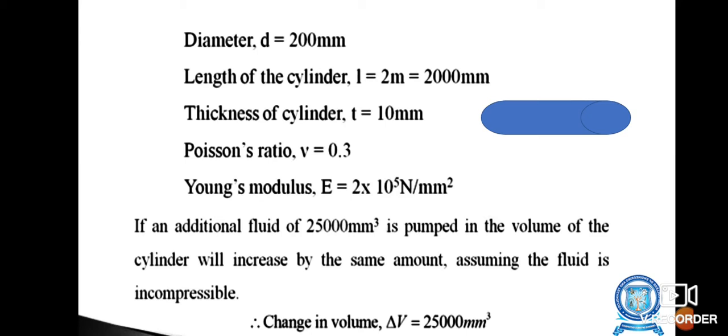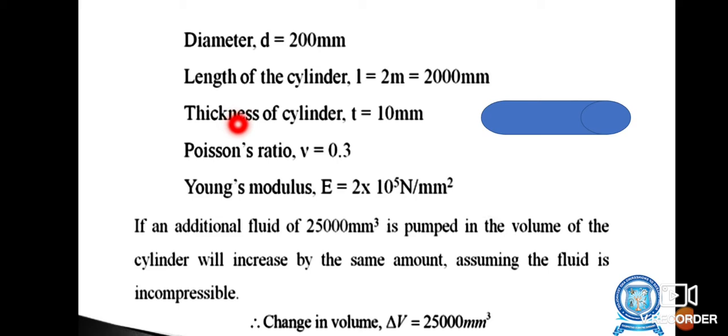Listen, given data: first of all, diameter D is equal to 200 mm, length of the cylinder L is equal to 2 meter. The meter will be converted into millimeter, so 2 × 1000, that is 2000 mm.